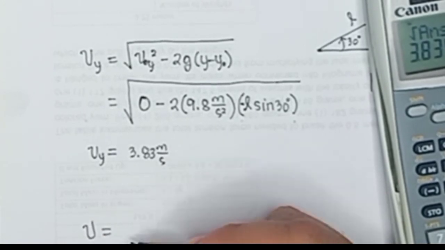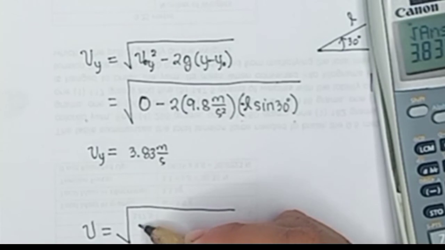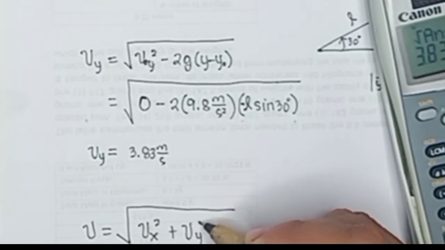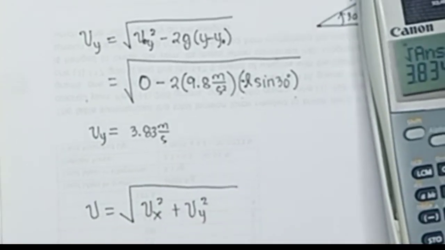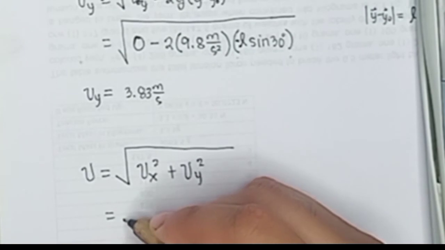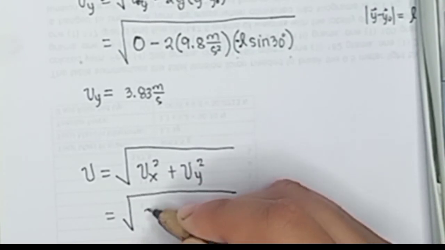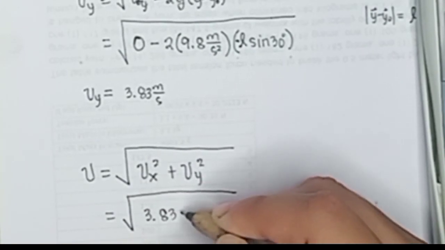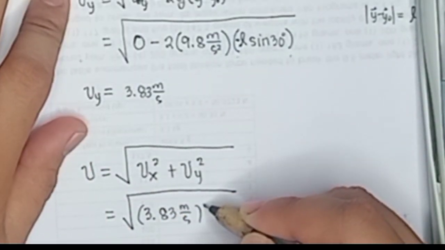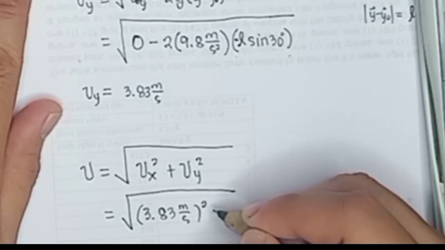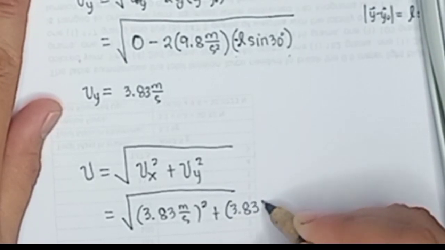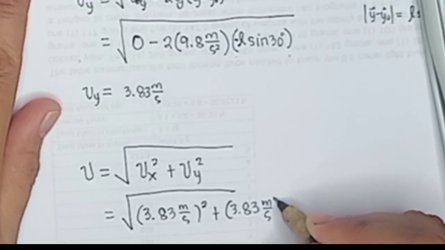So v is equal to the square root of vx squared plus vy squared, and this is equal to the square root of 3.83 meters per second squared plus 3.83 meters per second squared.